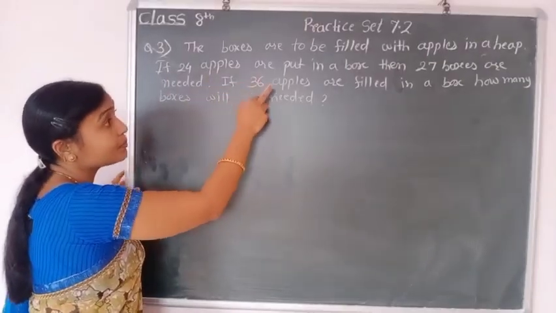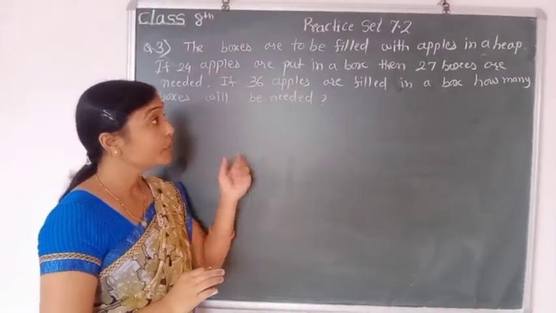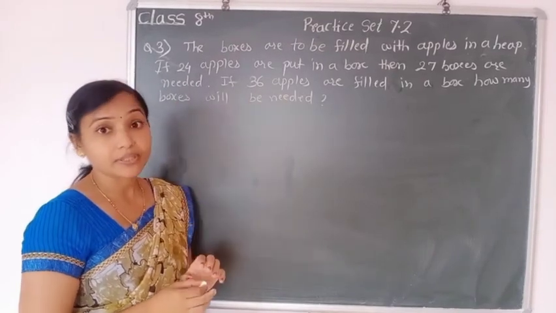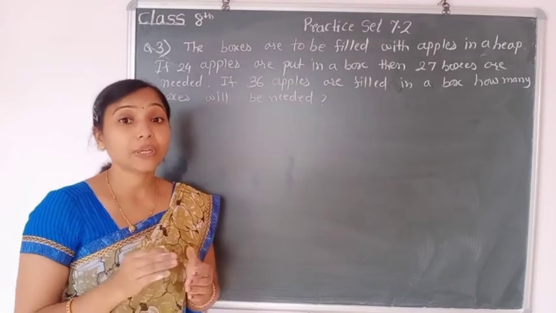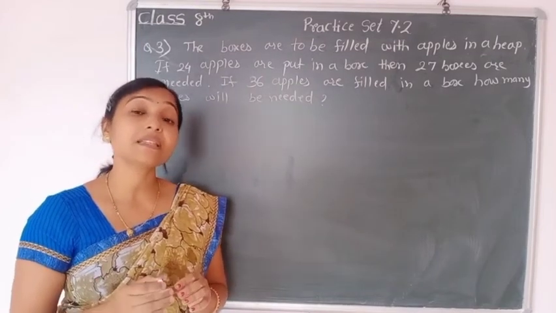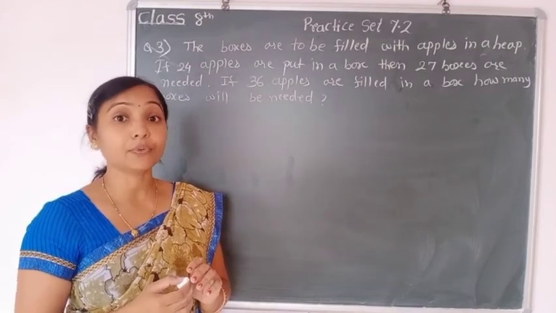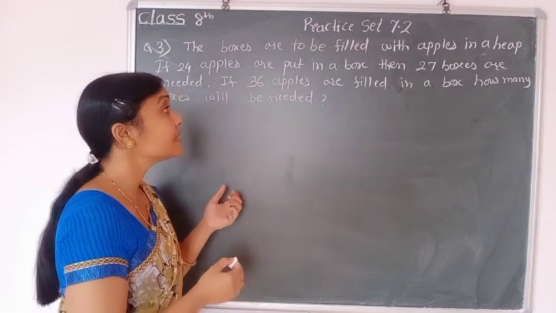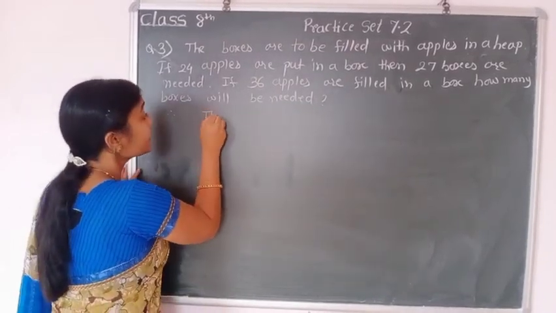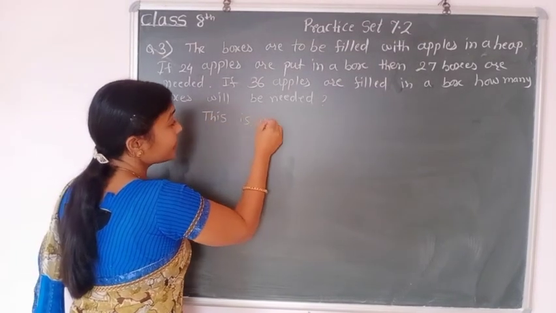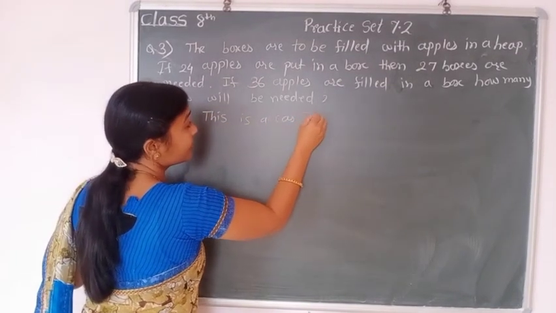24 apples are put in a box, then we needed 27 boxes. And if we want more apples filled in a box, then we want a lesser number of boxes required to fill the apples. That means here is the opposite condition, so this is a case of inverse variation.